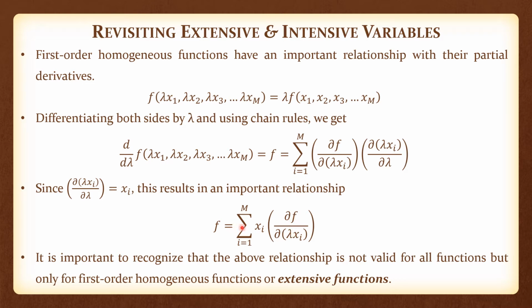These xi are the so-called extensive properties. If I were to apply this to internal energy, the partial derivatives, the slopes, would be the intensive properties. So there is an important relationship that gets established, arising directly from the mathematical nature of homogeneous functions of first order, or extensive properties.